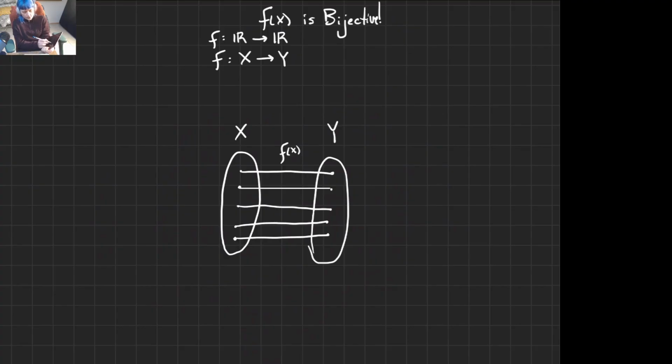So all real values is the domain and all real values is the range. We're saying that there must exist a function f inverse which maps y to x.